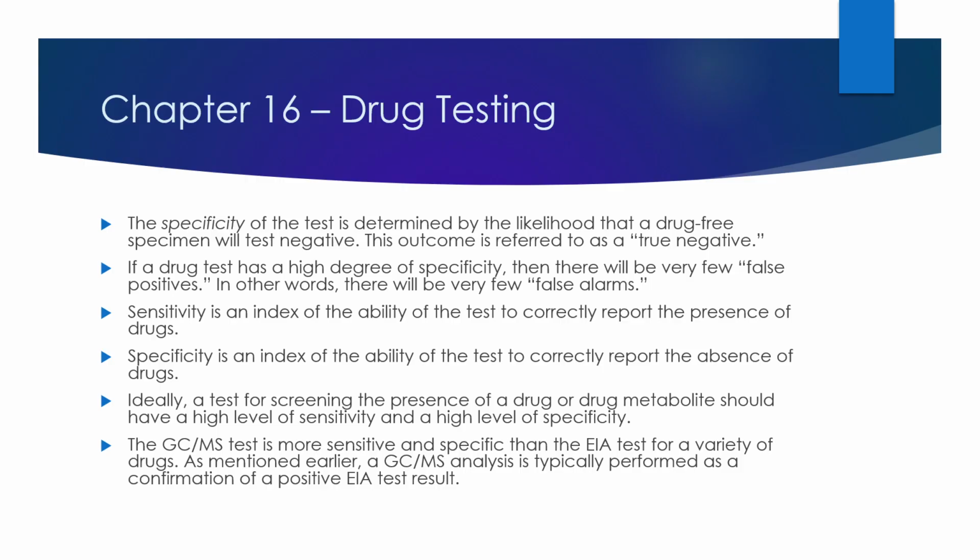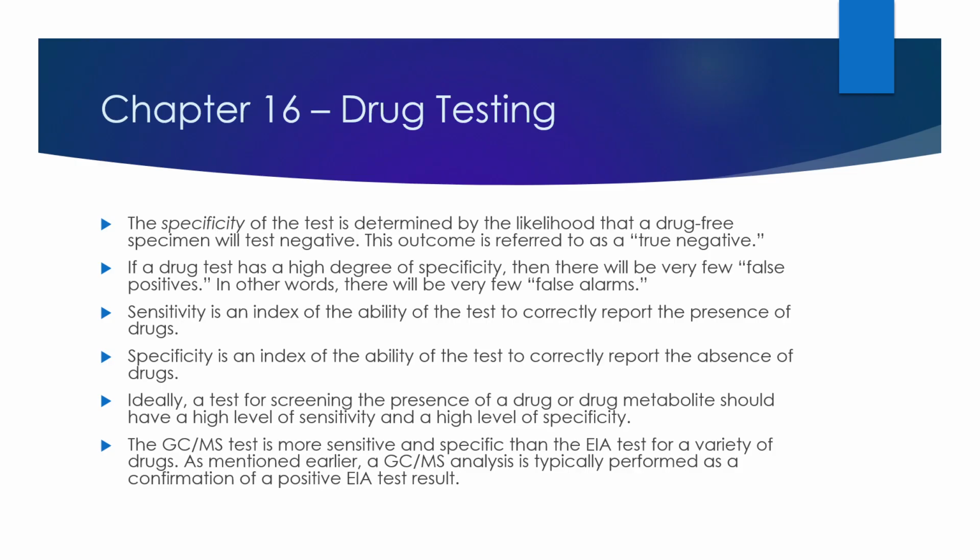As mentioned earlier, a GCMS analysis is typically performed as a confirmation of a positive EIA test result. So you do the cheaper, faster, easier EIA test, and if it says positive, this person's got drugs in their system. Well, you want to make sure.